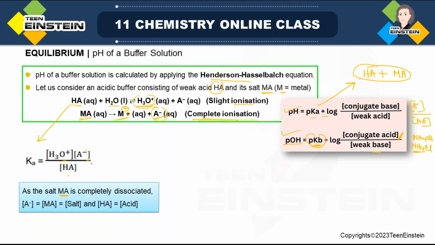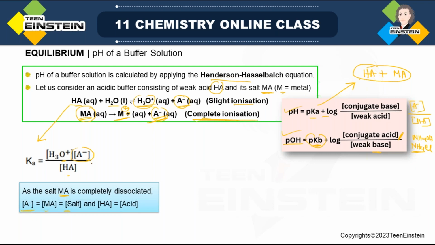That means in place of concentration of A minus, you can put the concentration of the salt, because these two are basically the same. Whatever A minus concentration you get in the buffer is basically coming from MA. You can also say that it is coming from HA, but HA is very weak and MA is completely dissociated. So mostly the significant contribution to the A minus concentration is coming from the salt MA.